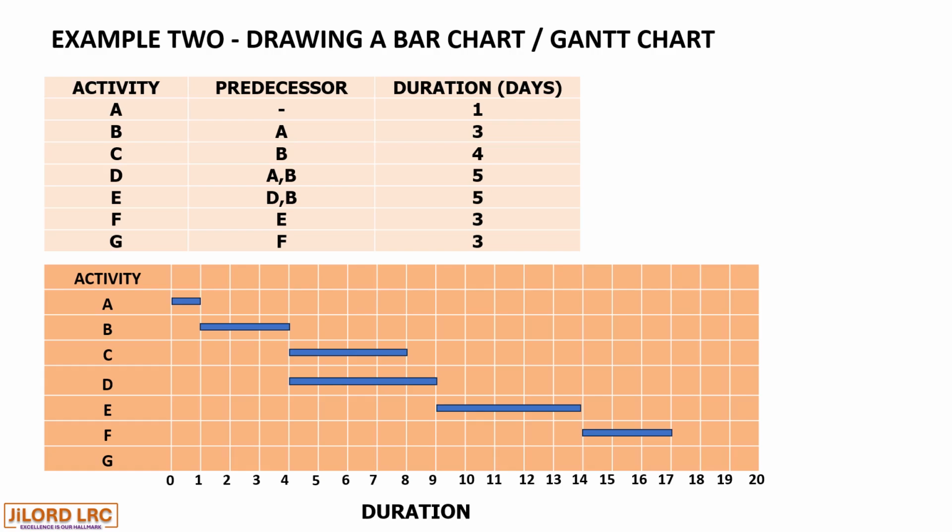And activity G also commences at the end of activity F, because activity F is its predecessor. Activity G has 3 days, so 3 plus 17 is 20. So in all, the project has a total duration of 20 days.